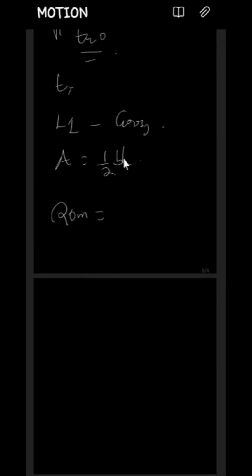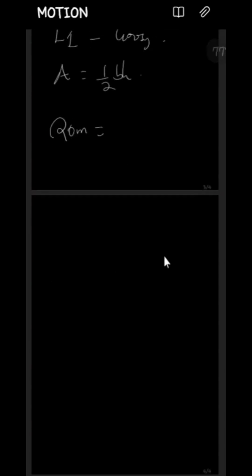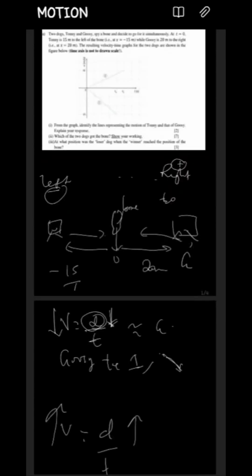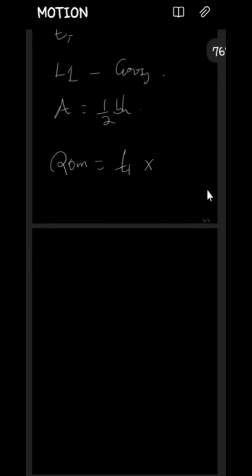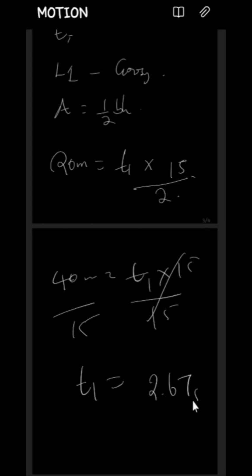Our base will denote time, which is t1, and our height is 15. So we have 20 times 2, which gives 40 meters, equal to t1 multiplied by 15. Dividing by 15, t1 will be equal to 2.66, that will be 2.67 seconds.